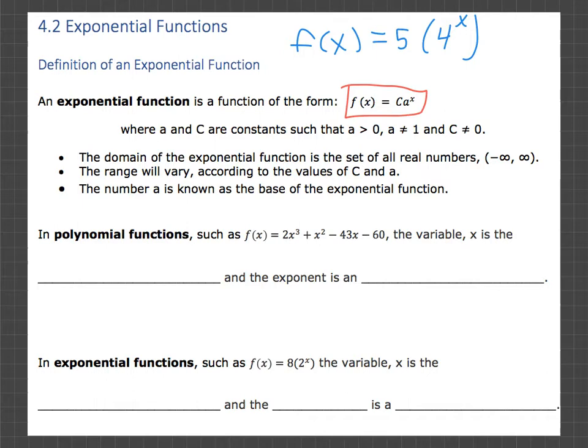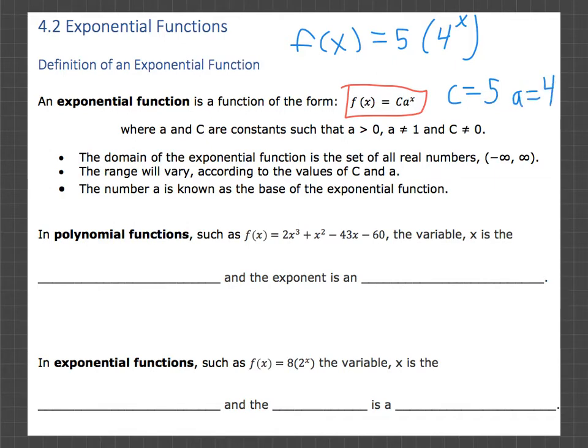All right, so now let's look at the definition. The definition says an exponential function has this form: f of x equals uppercase C times a to the x. In this case, our uppercase C is like the 5 and the a is like the 4.